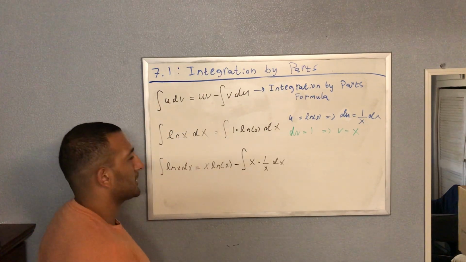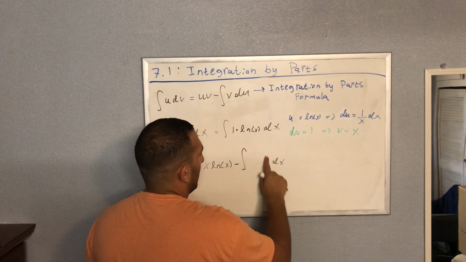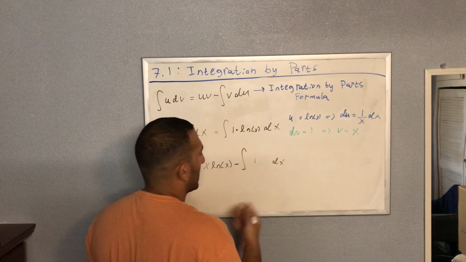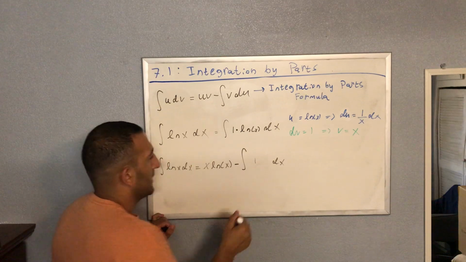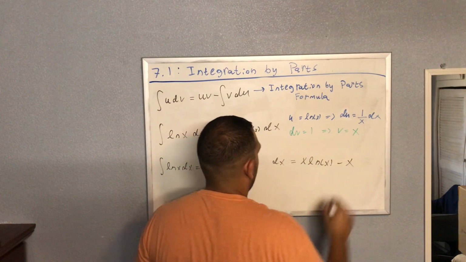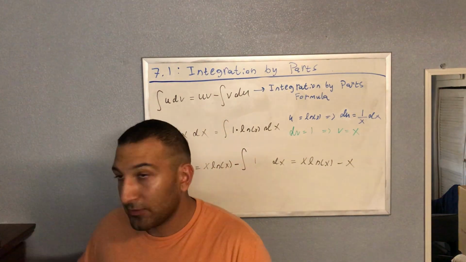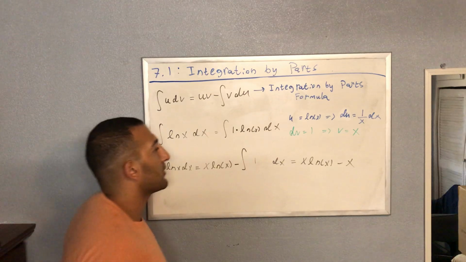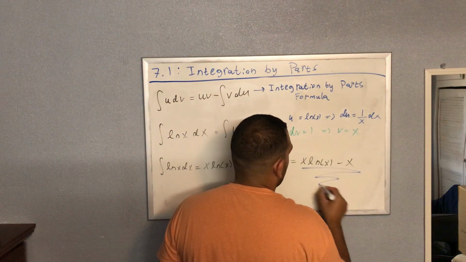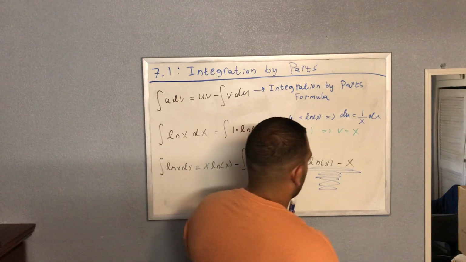Because what happens with these is they just cancel out to give you 1. And we already know what this integral is, it's x. So final answer is this. So that's very cool. The integral of just ln x, which we didn't know before, actually turns out to be this. And then of course I forgot the plus c.